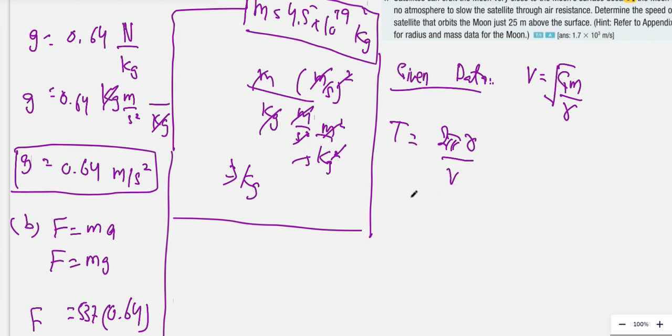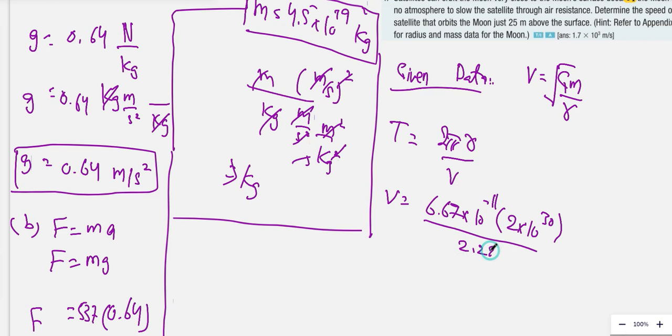V is equal to 6.67 multiplied by 10 to the minus 11, then the mass of the Sun is 2 multiplied by 10 to the power 30, divided by 2.28, which is the one given, 2.28 multiplied by 10 to the power 11.